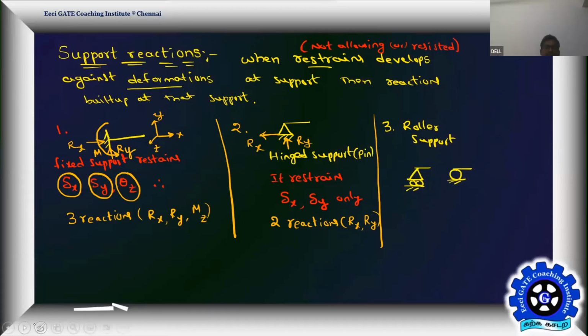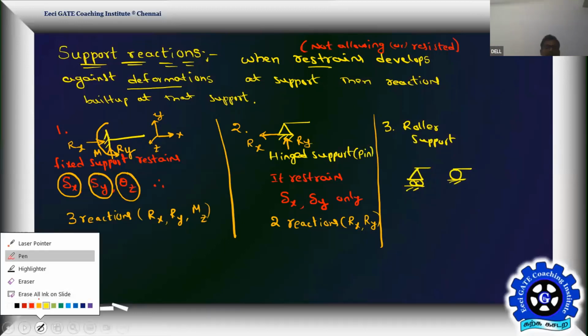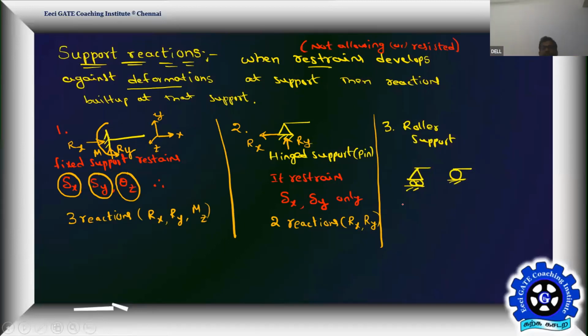Fine. So now tell me, if you really understand, what kind of displacement does it restrain? Only Y direction, sir. Yes, it's clearly visible to you. It offers resistance. Resistance means restrains. It restrains displacement.